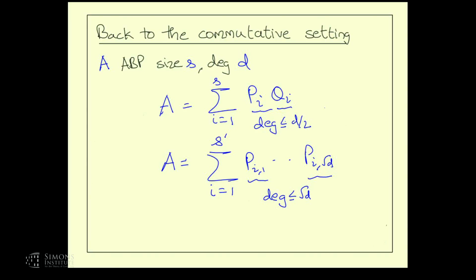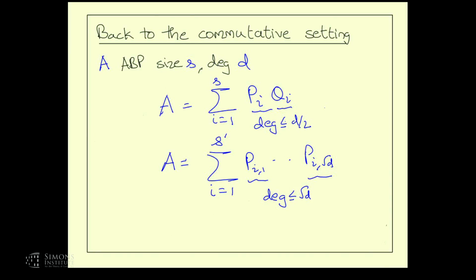The result of this kind of depth reduction was that if you can prove non-trivial lower bounds for these kinds of objects, in particular if you can show that a polynomial has the property that any such decomposition as a sum of products of many small degree polynomials must be large, then you've shown a lower bound for ABPs. So this seems inherently an easier model to deal with than this one, because this is just a product of two polynomials. This is a product of many polynomials of small degree.